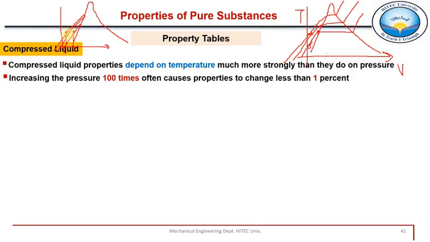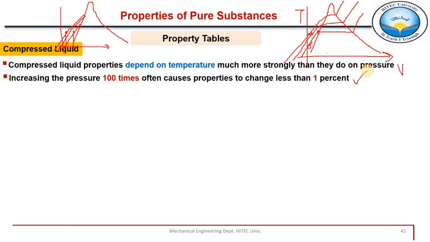Here I have shown the pressure lines far apart only to explain that there are different pressure lines, but they are so close that this change in volume, as we move from this point till this point and pressure increases, is small. If you increase the pressure by 100 times, the change in a thermodynamic property, for example volume, is less than 1%. That is the meaning of that sentence.